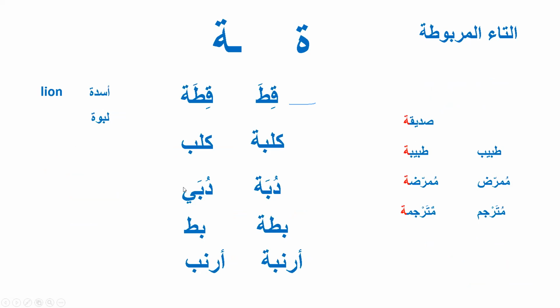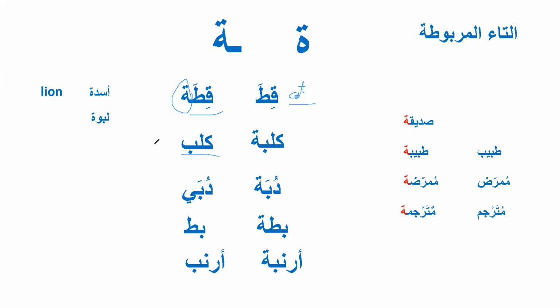Okay, and some other examples. Also, we can apply ta marbuta to anything, like animals. For example, the word cat is qit in Arabic, and when we say qit, we refer to the male cat, and when we say qitta, we added ta marbuta here, we refer to the female cat. And also we have kalb.